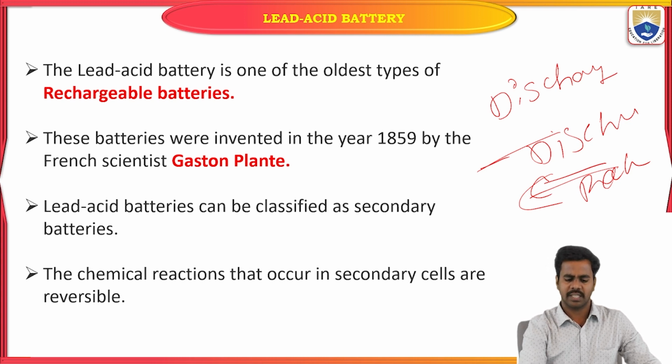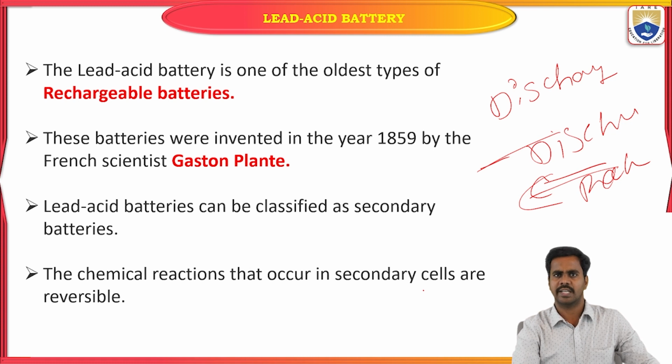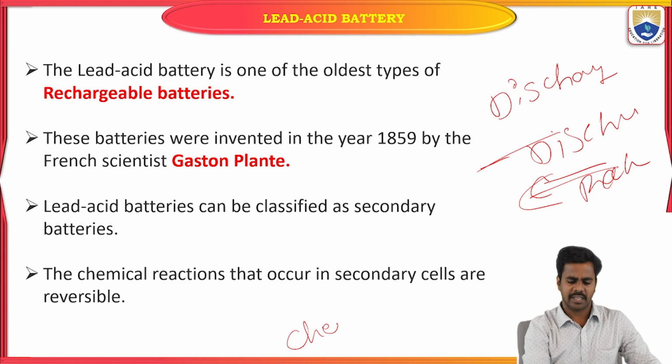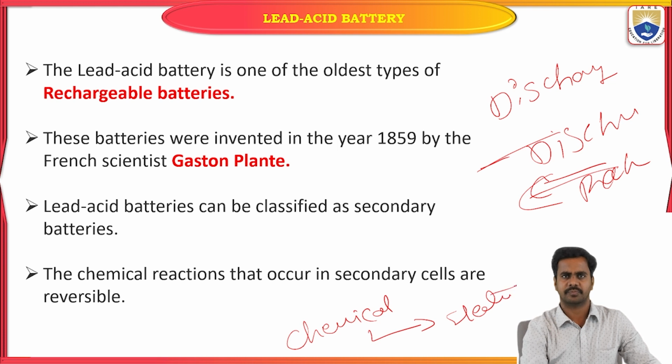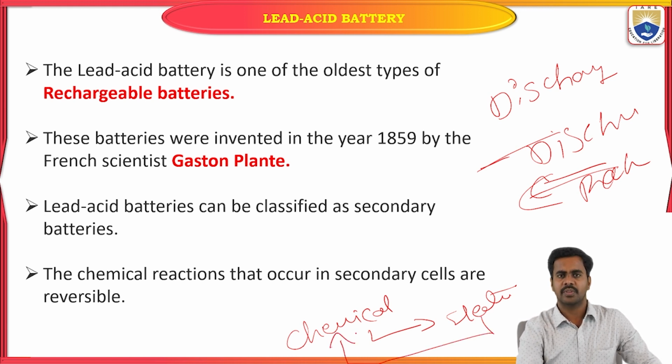So we know what an electrochemical cell is, what an electrolytic cell is, and the difference between them. In the electrochemical cell, chemical energy is converted into electrical energy, whereas in an electrolytic cell, electrical energy is converted into chemical energy.